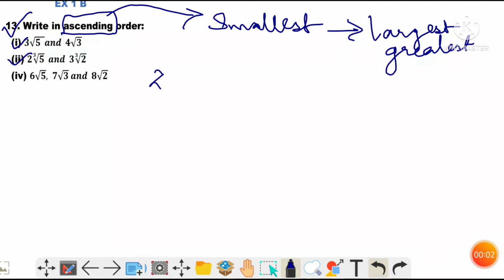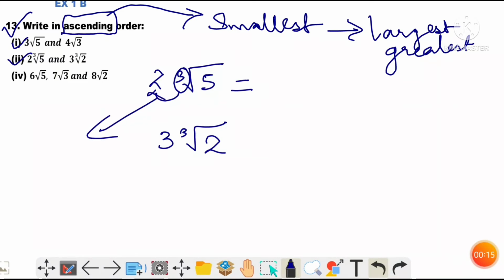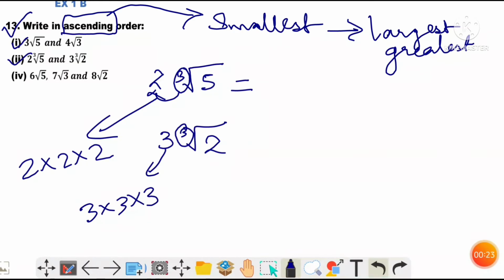Next, question number 2. 2 into cube root 5 and 3 cube root 2. Here it is cube root. That means inside the root there should be 3 numbers. That is, there will be 3 2s and 3 3s.